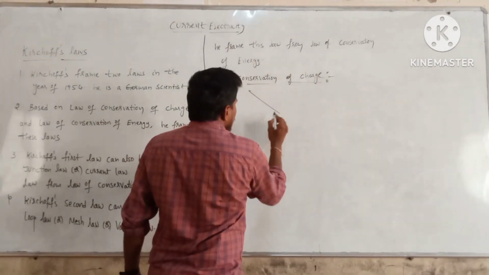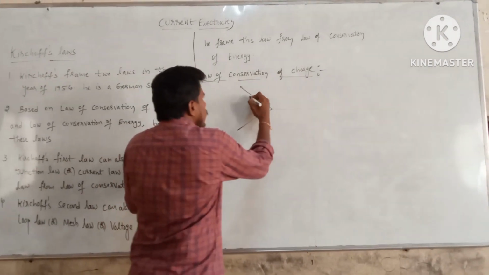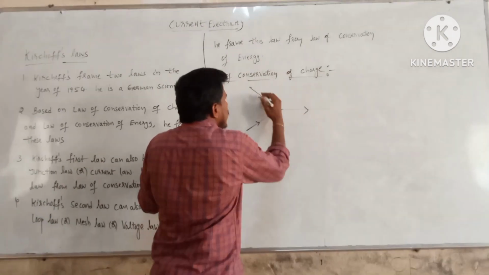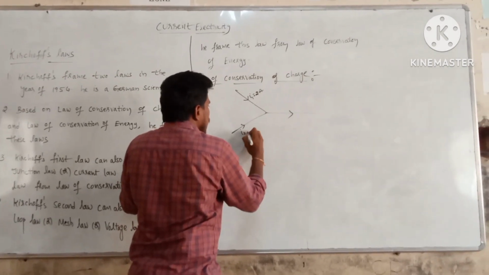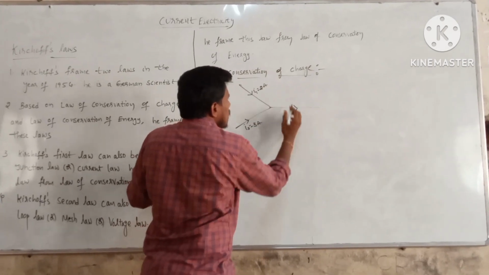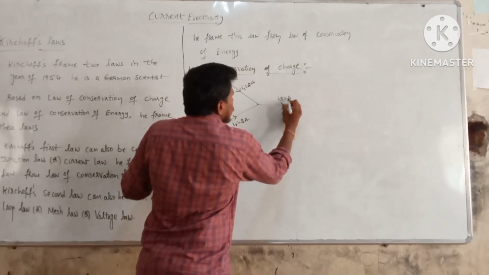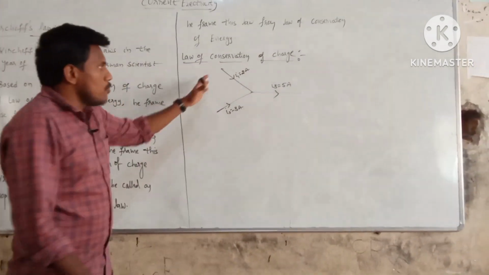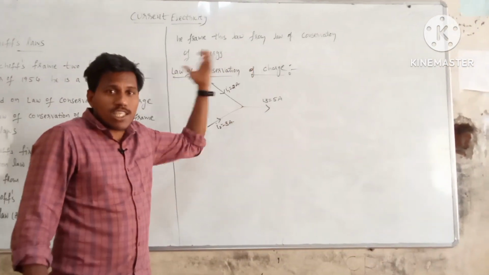See, with the help of this diagram, I1 is equal to 2 amperes, I2 is equal to 3 amperes, and I3 is equal to 5 amperes. Based on this diagram, we are going to understand the meaning of the law of conservation of charge.